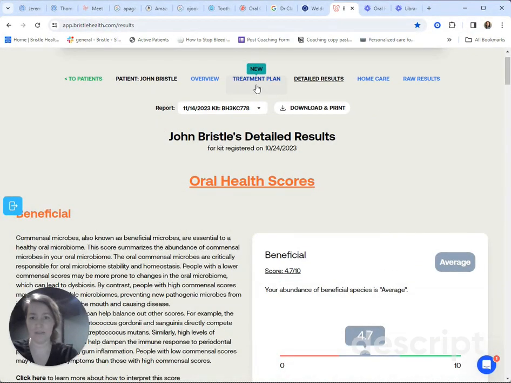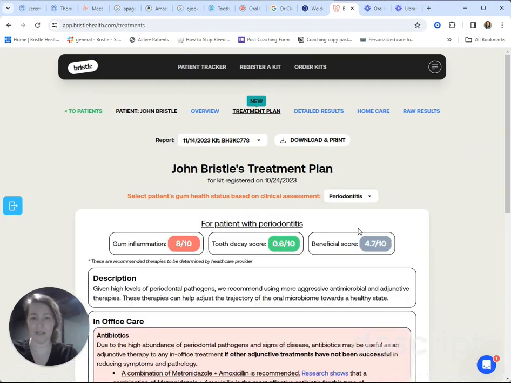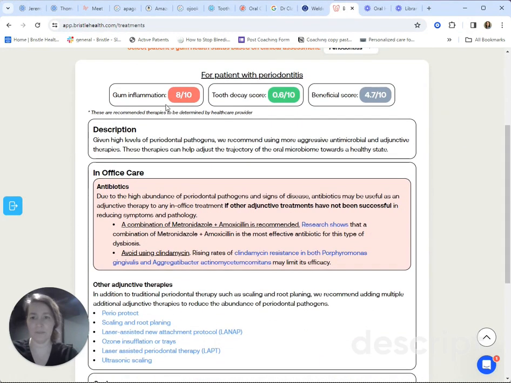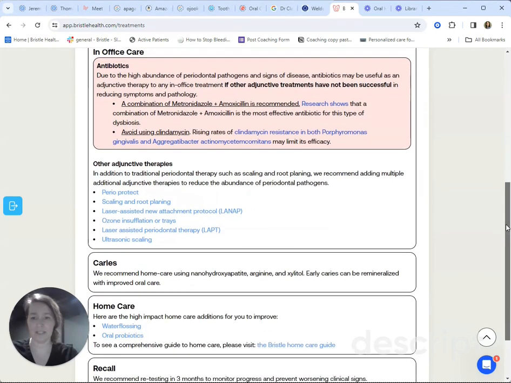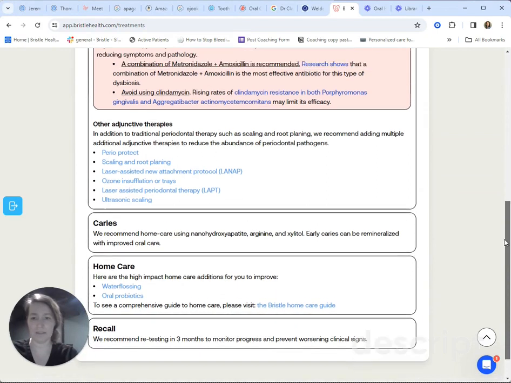So we also have some guidance when it comes to treatment planning through that process, and you can go ahead and click his coordinating presentation with periodontal disease. It will give you the score of his inflammation along with some in-office recommendations, adjuncts, his caries risk issue, and any home care recommendations and recare appointments.